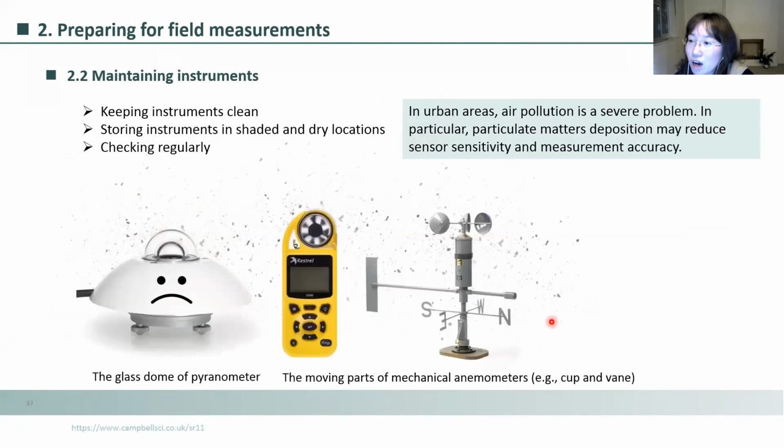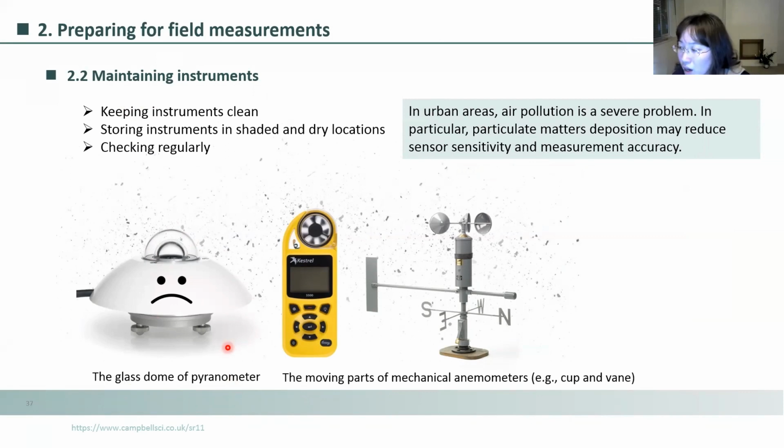And another important thing is maintaining the instrument. You need to keep your instrument clean. It is because the dust and the particle in the air may reduce the sensor sensitivity and the measurement accuracy. So for example, if there is some dust on the glass dome of your pyranometer, it will affect the measured solar radiation.